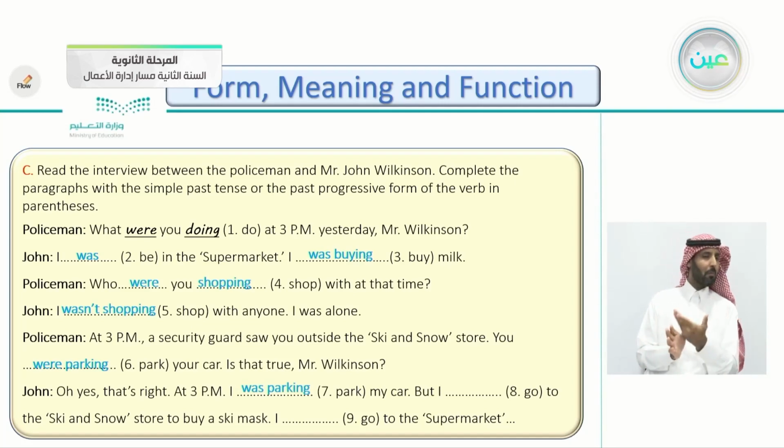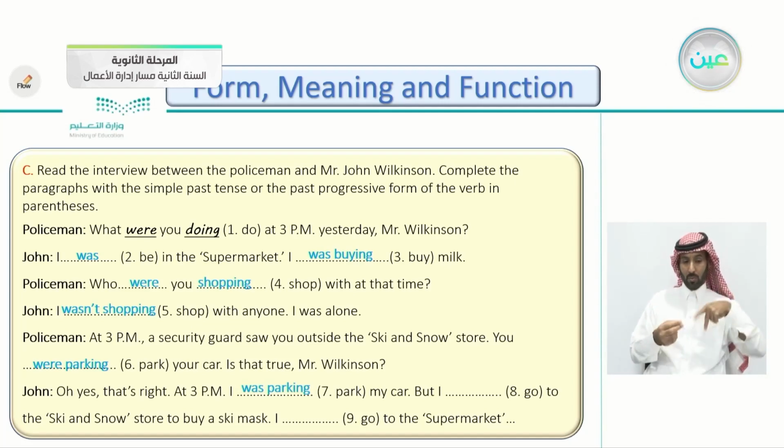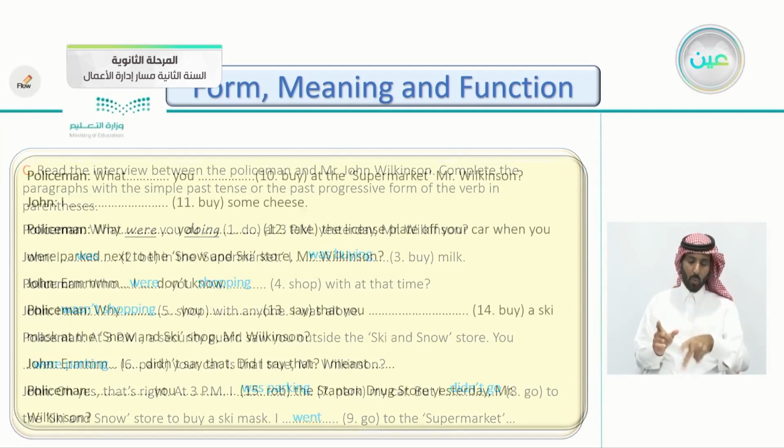But I wasn't going to the ski and snow store to buy a ski mask. Very good. I didn't go to the ski and snow store to buy a ski mask. I went to the supermarket. Yes, this is very obvious. I went to the supermarket.